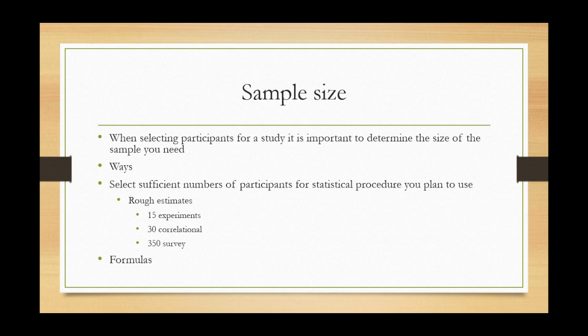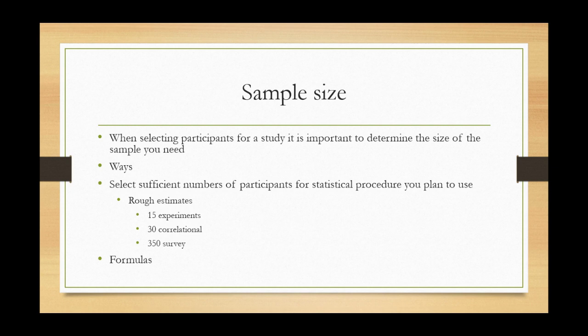For example, you can use an experimental design, or a correlation design, or a survey. As a rough estimate, if you are using an experimental design, you can decide to use not less than 15 participants in each group in your experiment.